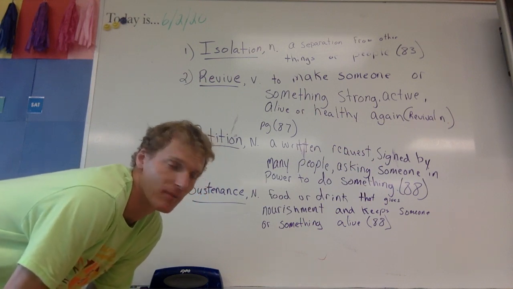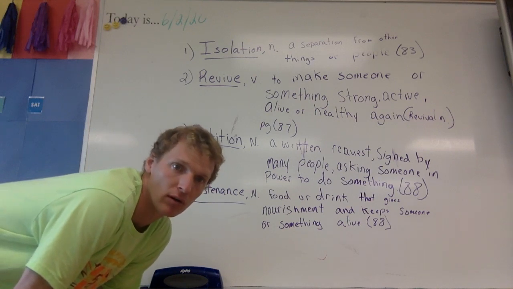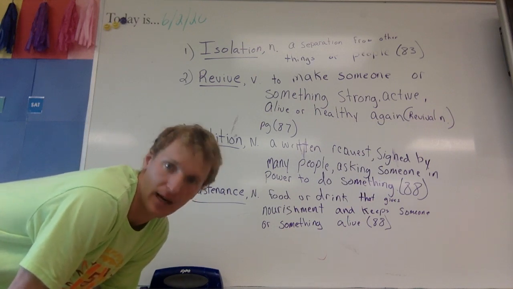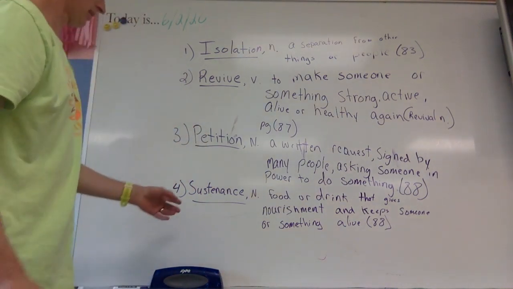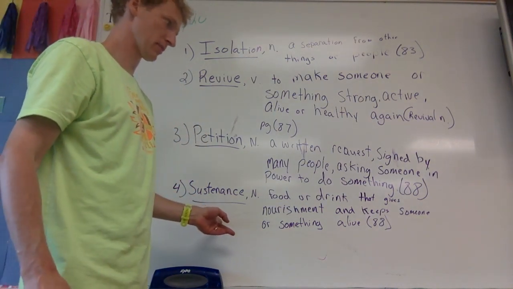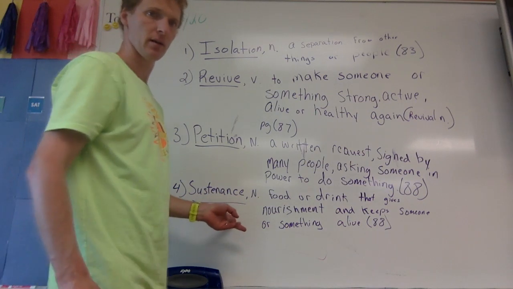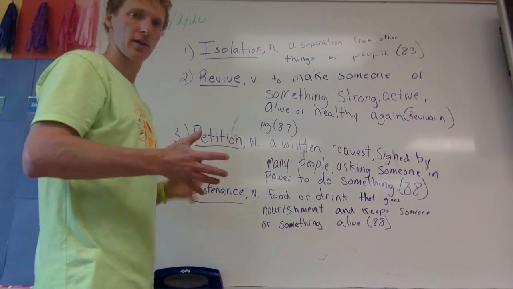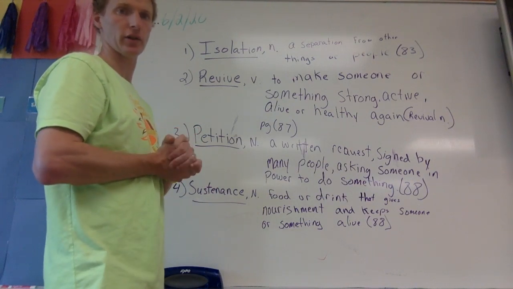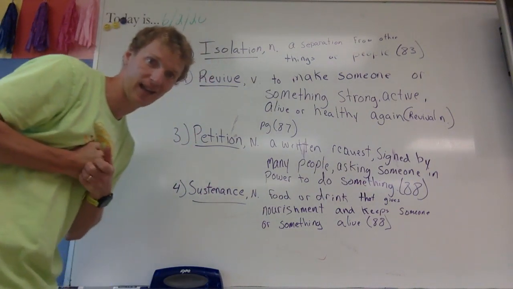Sustenance to us is not a handful of sand. That's not going to keep us alive. Okay? But maybe some water will keep us alive. It does give nourishment. Maybe a peanut butter sandwich. Maybe macaroni and cheese. Things like that that can actually give you nourishment and help you stay alive.